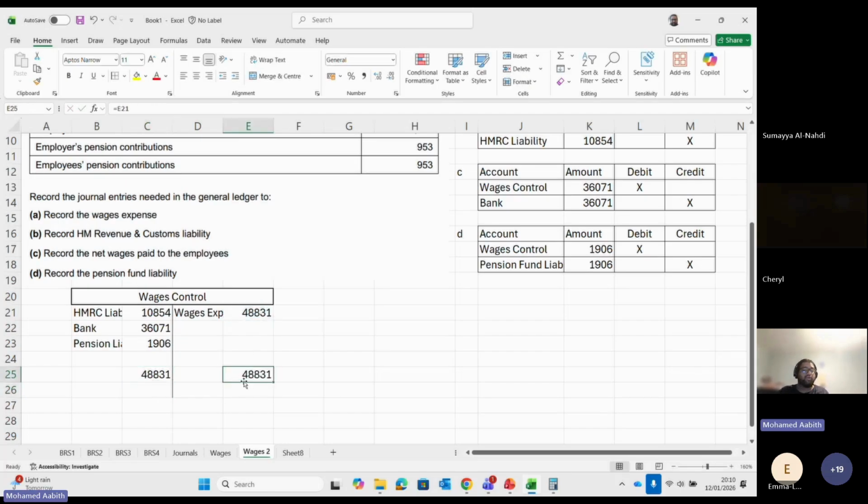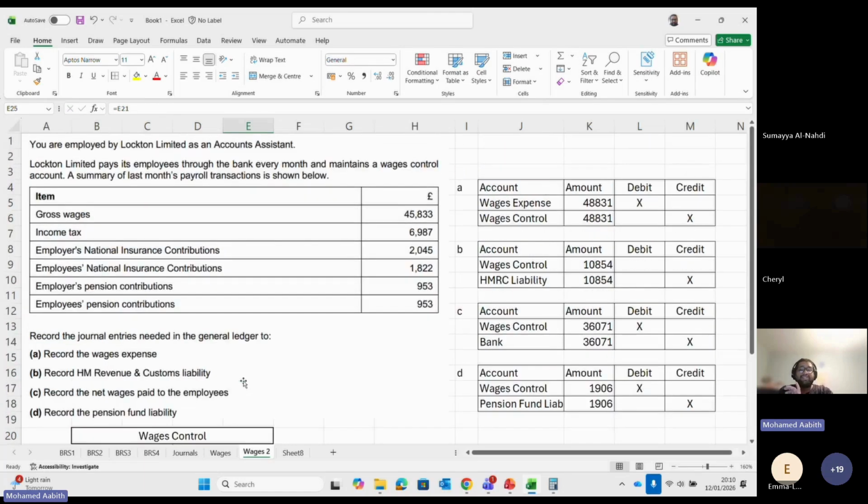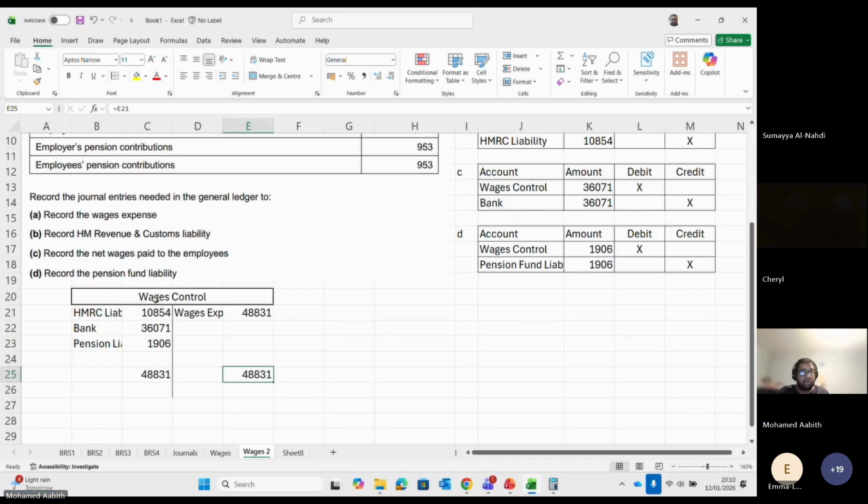The wages control account, after we have distributed all that money to the relevant entities, ceases to exist, like gone. The wages control account was created for that sole purpose.